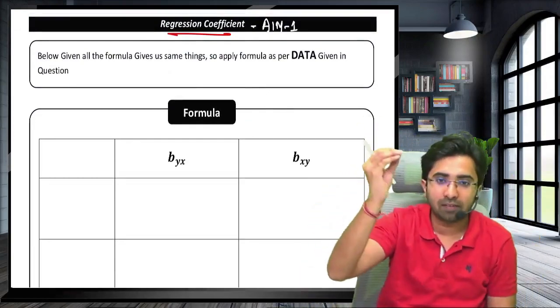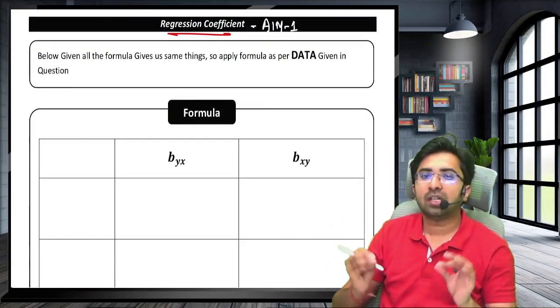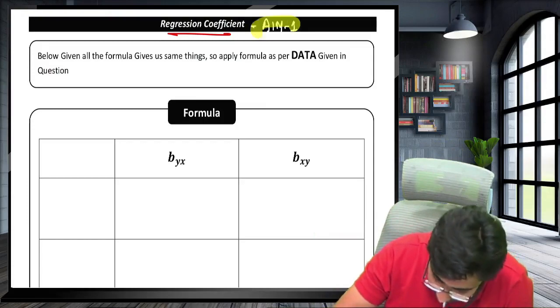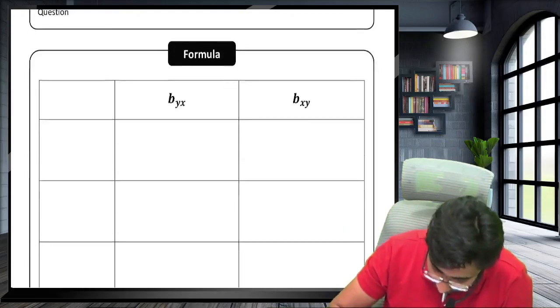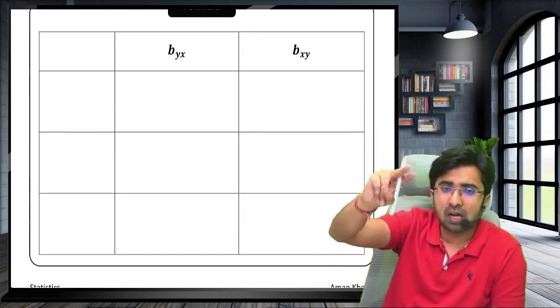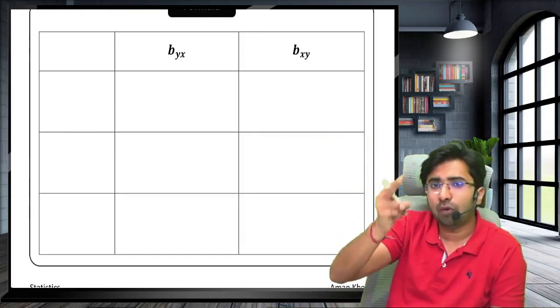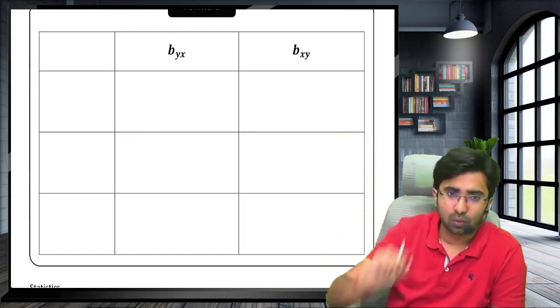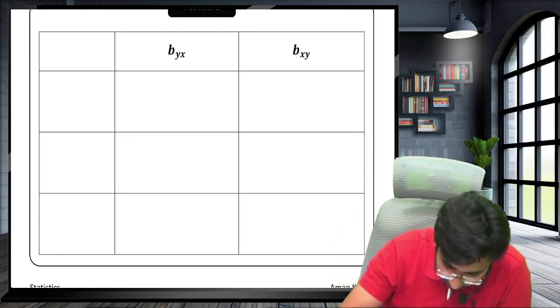If you do not have the value of b, you cannot construct the regression equation. That's why we have to achieve the first aim, that is, we have to get the value of b. So if we have to calculate y on x, we will calculate b y on x. And if we want to calculate x on y, we need the value of b x on y. Guys, now write down the formula.